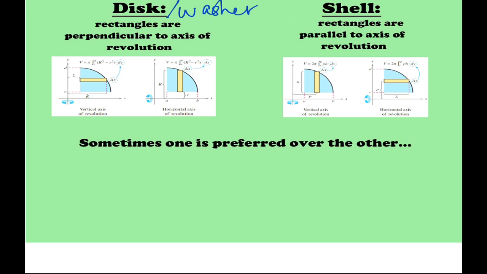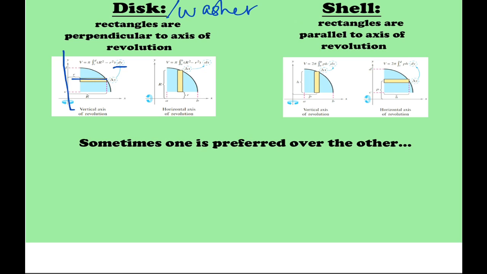So if our axis of revolution was the y-axis, then our rectangles would be horizontal. We would have to integrate it then with respect to y. We would have to figure out what our radius is if it was disk method. We would have to figure out what our big radius is and what our small radius is if it was washer method, right? And we would do pi r squared h.